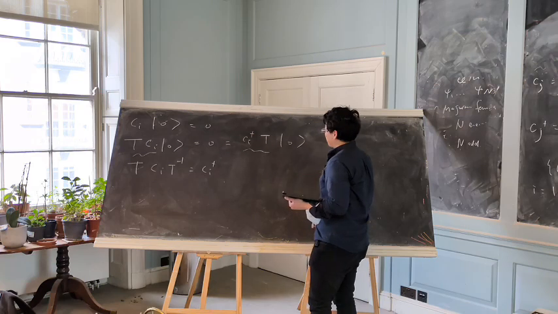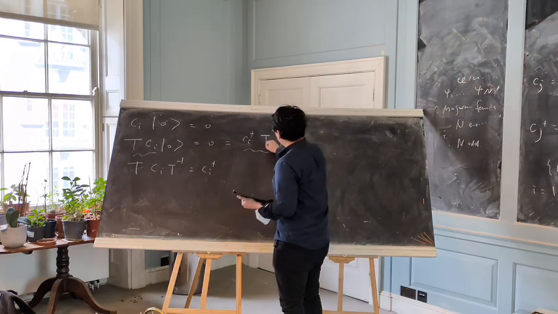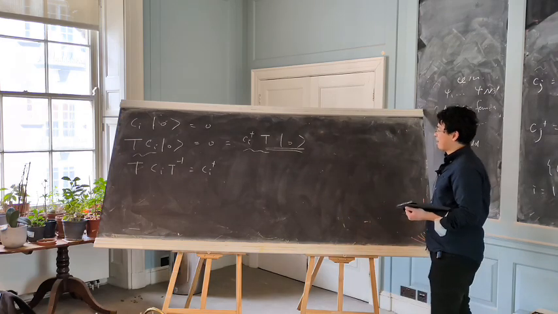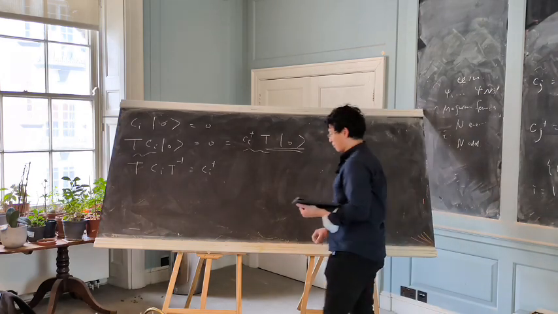So what does that mean? Well, it tells you that the state acted on by the tensor symmetry will be annihilated by all the creation operators.